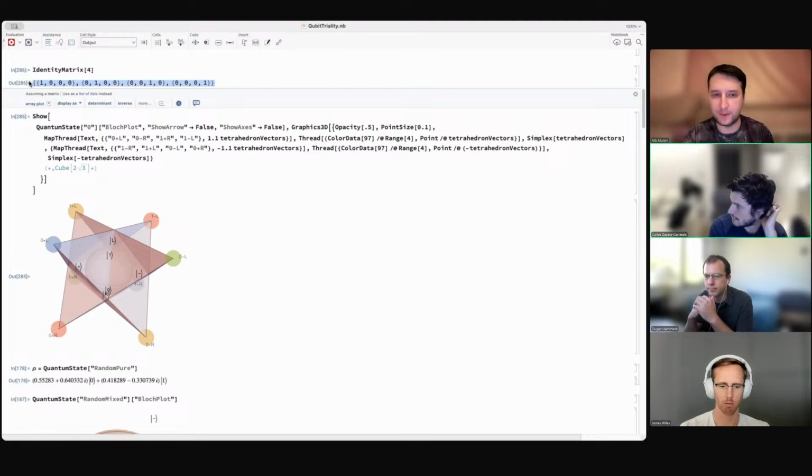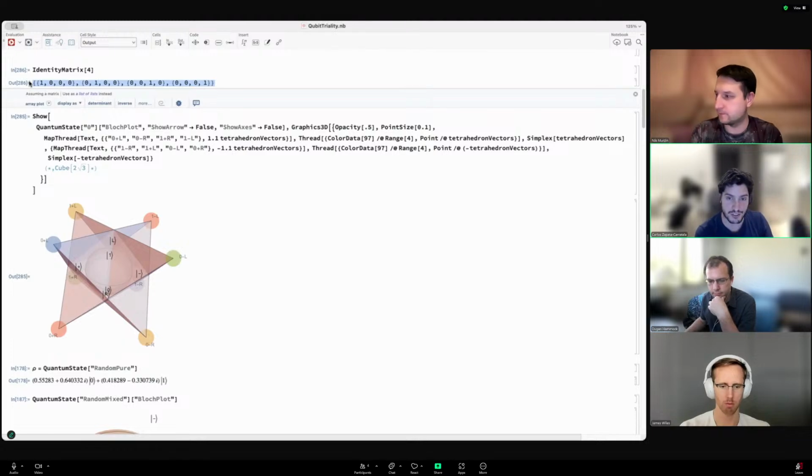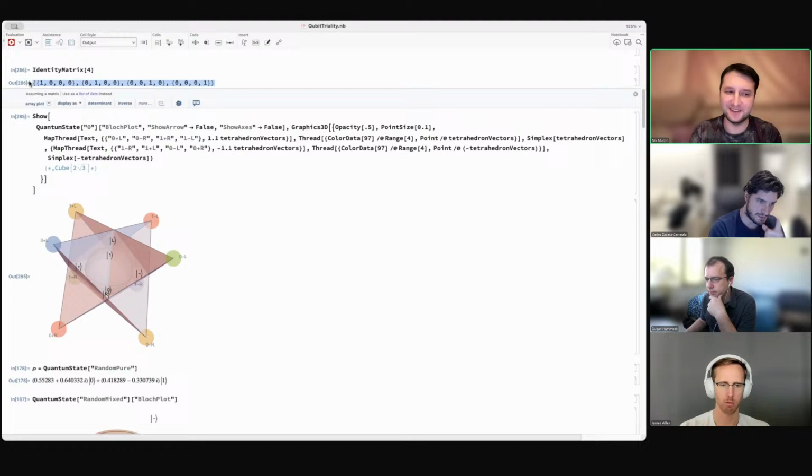Sure. I'm very fascinated by this structure. It is not directly related to the QBCs, to all this Cubix business, but this double tetrahedron is a very interesting thing.